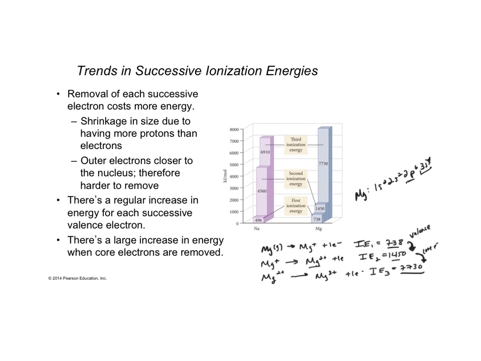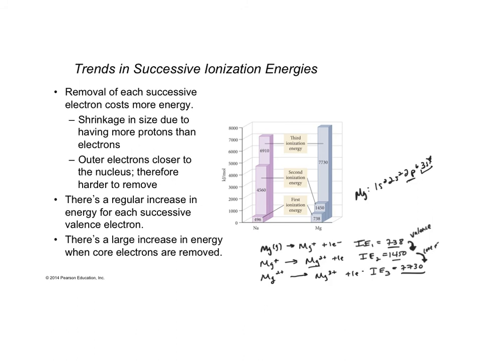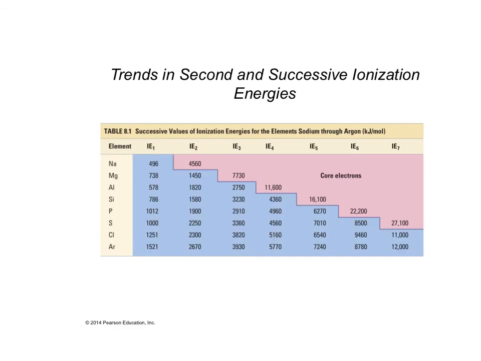And so sometimes there'll be questions that are very similar to that. They'll have you predict what type of metal or what type of element we're dealing with given successive ionization energies. So for example, for sodium, if you had something that was nice and easy, and then for the second one you see this tenfold increase, that would be a big indicator that there is only one valence electron.